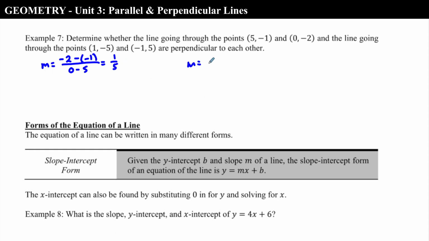And then for the other one, let's do 5 minus -5 and -1 minus 1. That's going to give us -10 over 2, which is -5. So these are the negative reciprocal of one another. The lines are perpendicular.